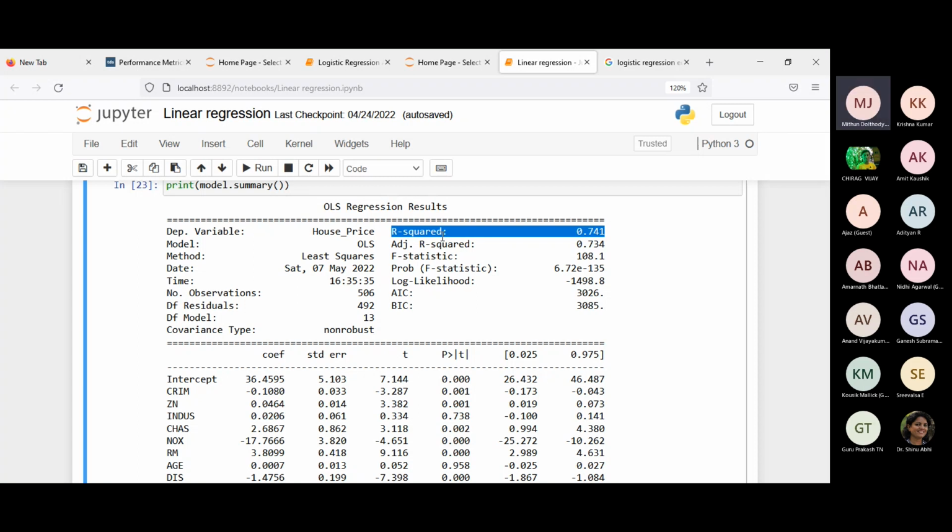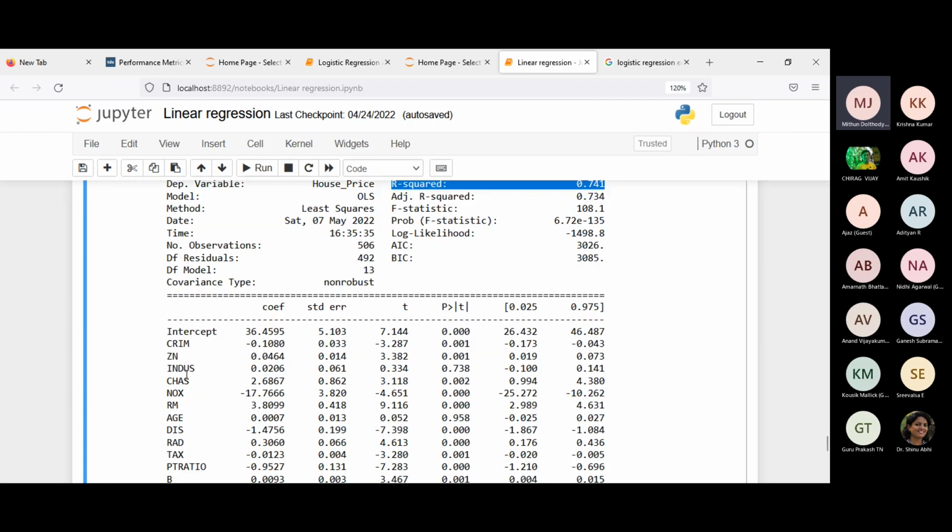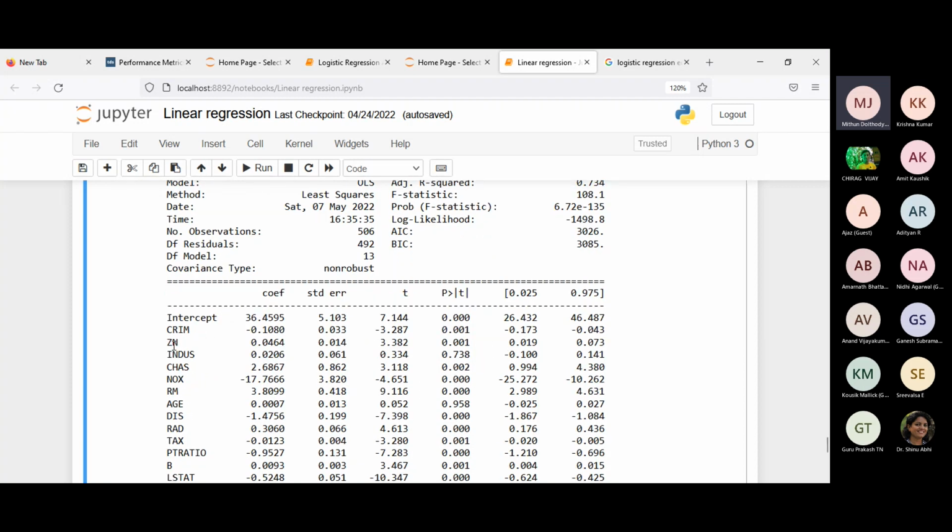It is 0.741, which means R square always lies between 0 and 1. 74% of the variation in housing price of Boston is explained by variables like crime rate, percentage of land zoned, industrial location, Charles River, nitric oxide, and so on. So the independent variables that you have taken explain 74% of the variation. The remaining 26% is not explained.